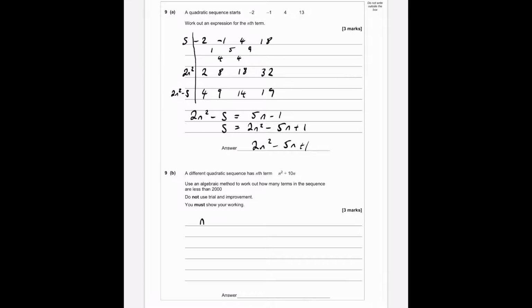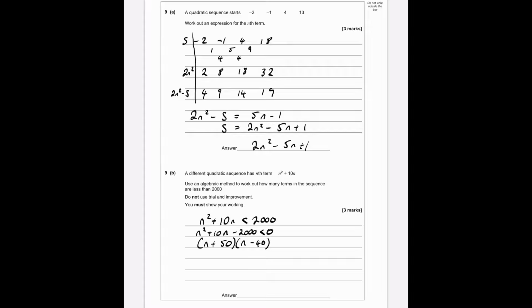For 9b, it gives us the nth term of the quadratic sequence being n squared plus 10n. We want to know when is that less than 2000. So let's let n squared plus 10n be less than 2000. This is a quadratic inequality, so I'm going to bring the 2000 onto the left-hand side. I'm going to factorize here.